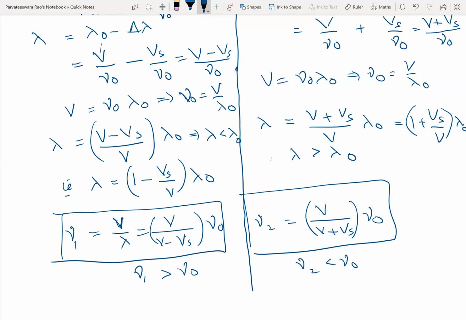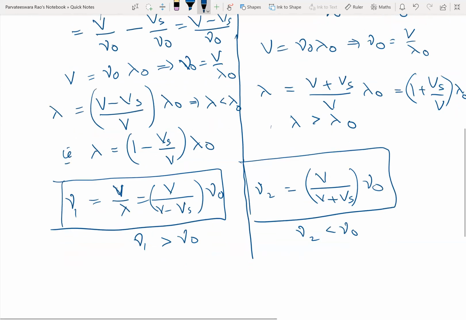Here nu2 is less than nu naught. So when the source is approaching the stationary observer, the frequency is increasing, while when the source is moving away from the observer, the frequency decreases.